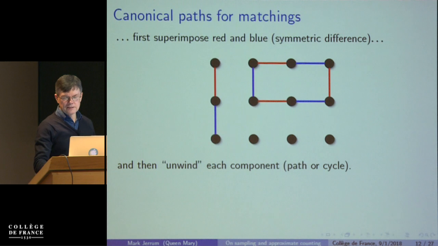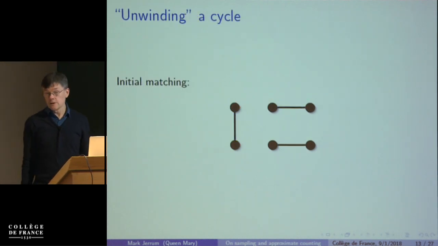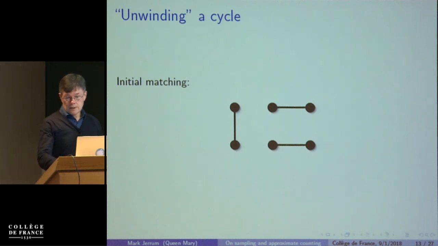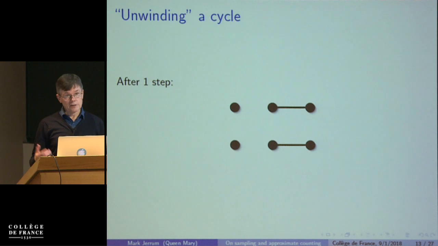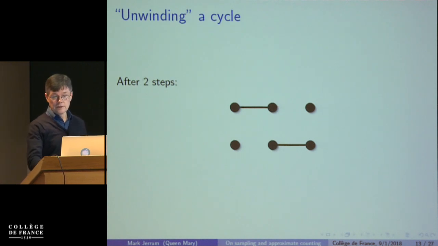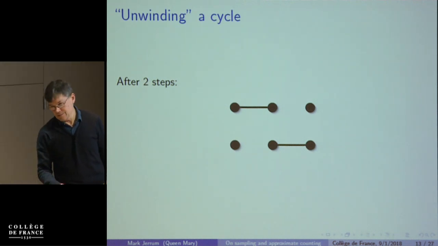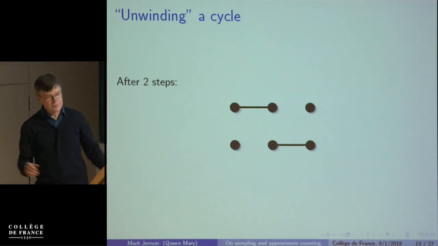So, for example, that cycle, that's where it started off, in the blue matching. We take an edge out to give ourselves some space to move around. We can't move around otherwise. And then we can make moves which slide. I didn't tell you that we introduce another move into the Markov chain.